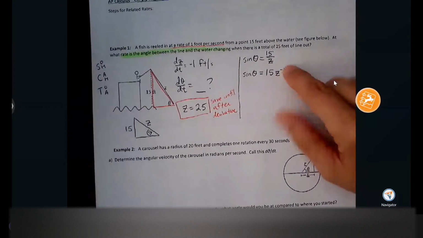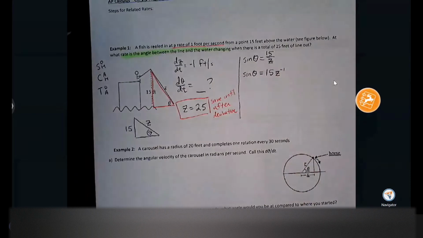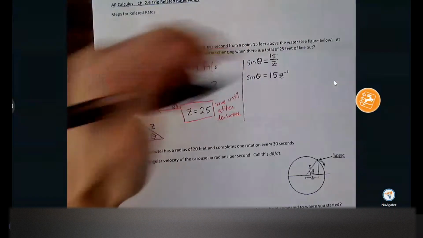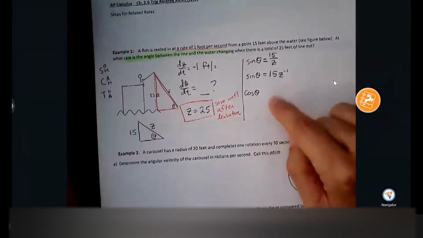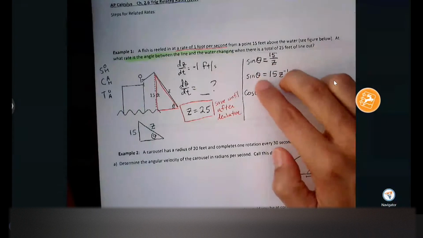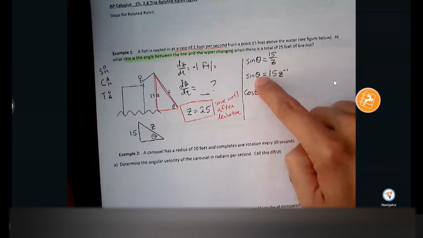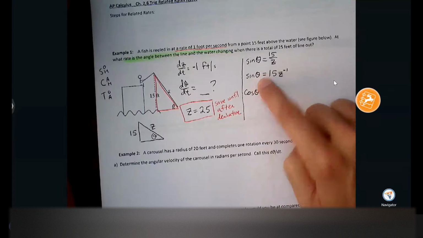Okay, we're going to go ahead and find the derivative. Sine's derivative is cosine theta. Now remember, we're dealing with related rates here, so every variable has a time component. So as soon as we find the derivative, we have to attach a d over dt for that variable.